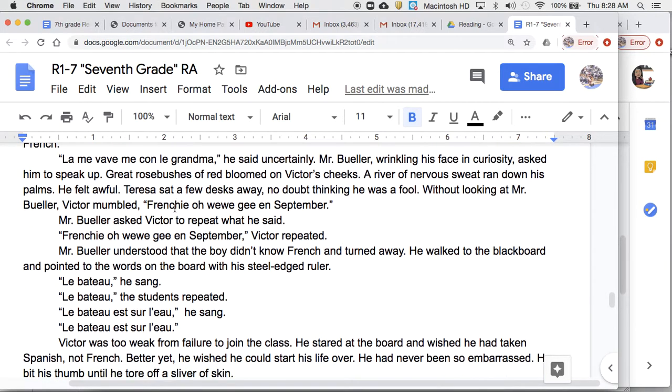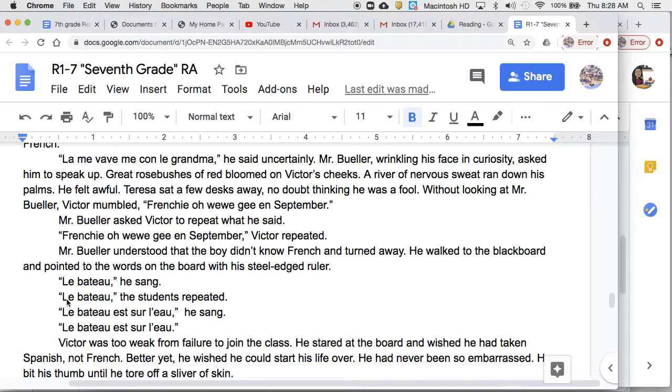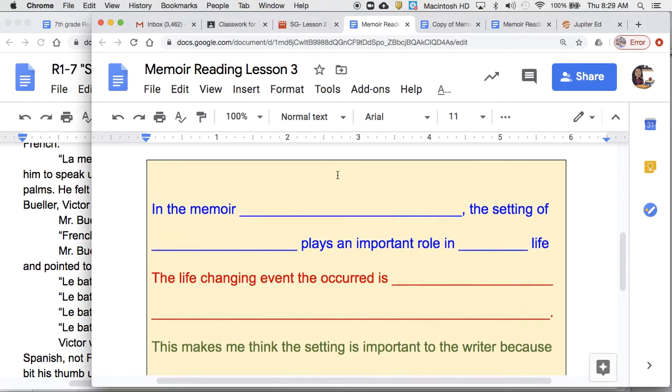And then the teacher kind of looks away, realizing that Victor doesn't exactly know French very well. And so the very important thing to think about, and the setting that's very important to this whole entire story, would have to be not just the school, but specifically in school is the French classroom, because that's where all of this is occurring.